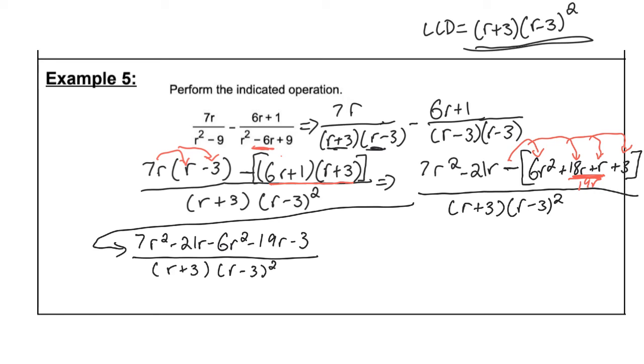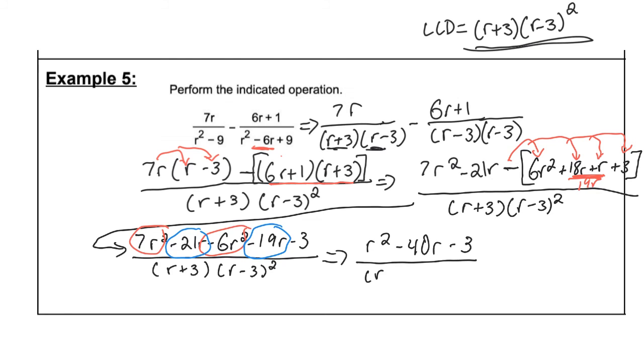All right, now let's clean this up a little bit. We get 7r squared minus 6r squared, which is r squared. So I combined this and this. Next, I'll combine the r's, so negative 21r and negative 19r, which gives us negative 40r, and then minus 3.